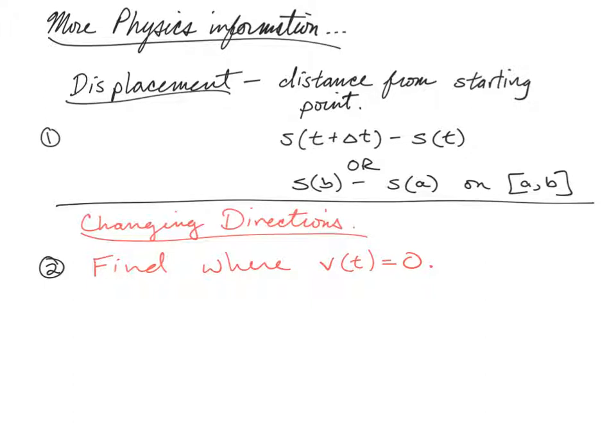Think like if you're throwing something up from the ground, it rises for a bit, and then when it reaches the maximum height, the velocity is 0 just for a moment, and then it starts coming back toward the earth. So finding where this velocity equals 0 is finding where the object changes directions.